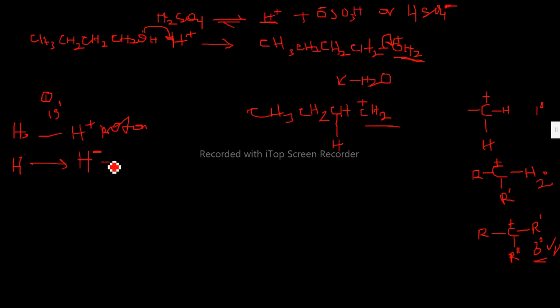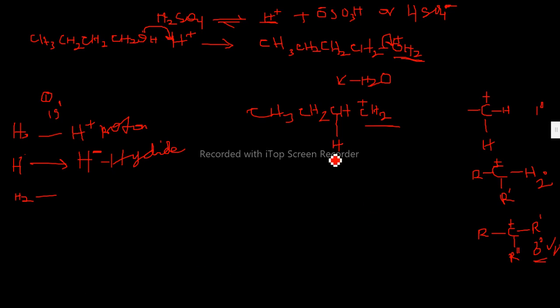This one is a hydride. Or it can exist as a neutral molecule, hydrogen combined with another hydrogen to form a neutral molecule of hydrogen. So depending on the conditions, it will determine how hydrogen is going to behave.